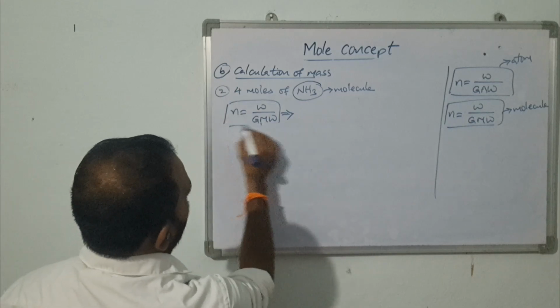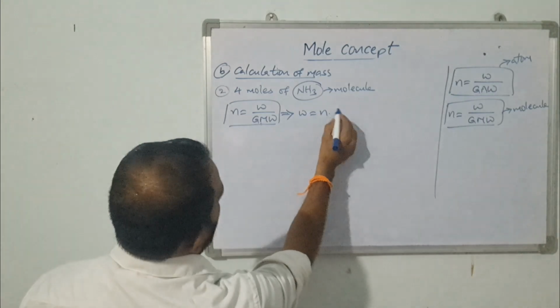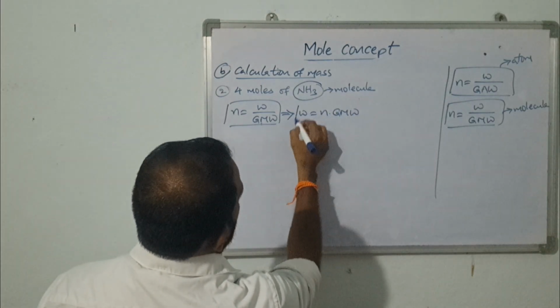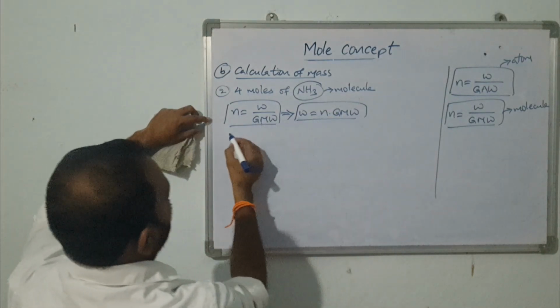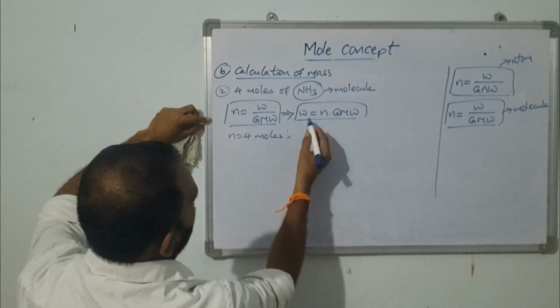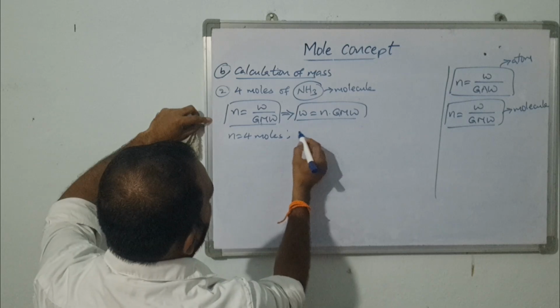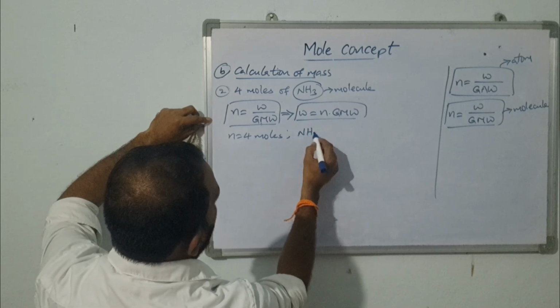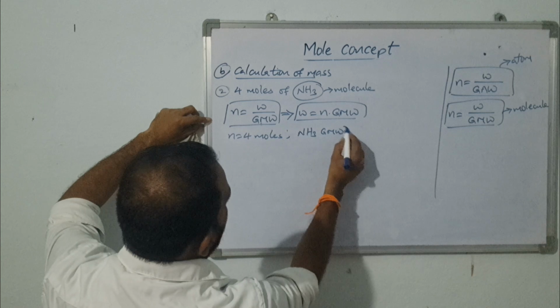From this equation we get mass equal to number of moles into gram molecular weight. Here the number of moles 4 is given in the question, and we need the gram molecular weight of ammonia.